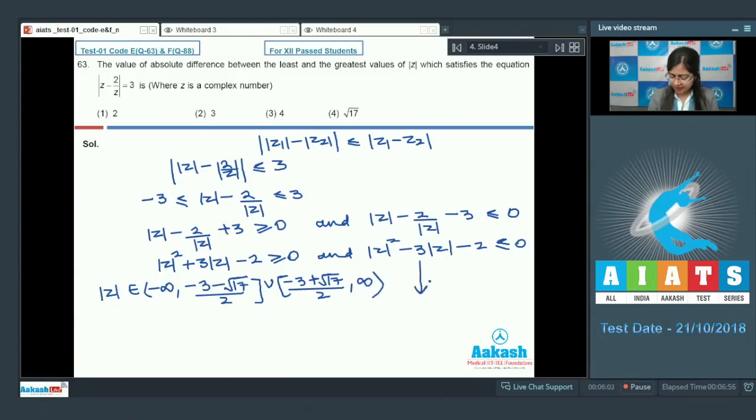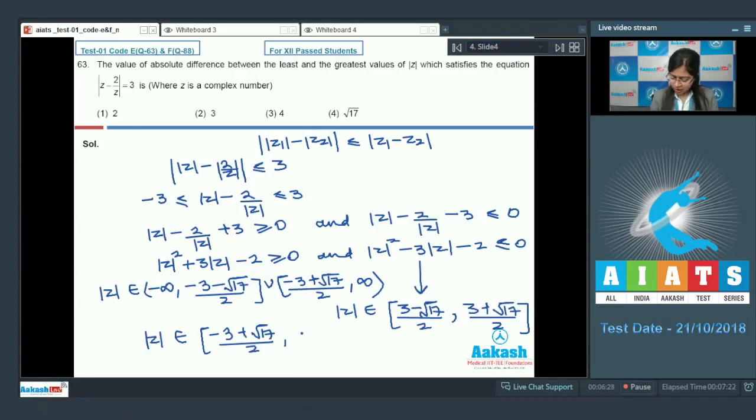And from the other we will get the solution as mod z belonging from (3 minus root 17) upon 2 up till (3 plus root 17) upon 2. So taking the intersection of both the solutions, we will get that mod z will belong from (minus 3 plus root 17) by 2 up till (3 plus root 17) by 2.